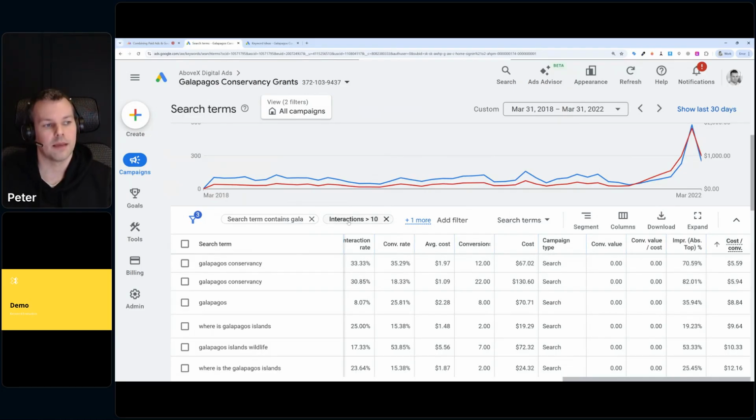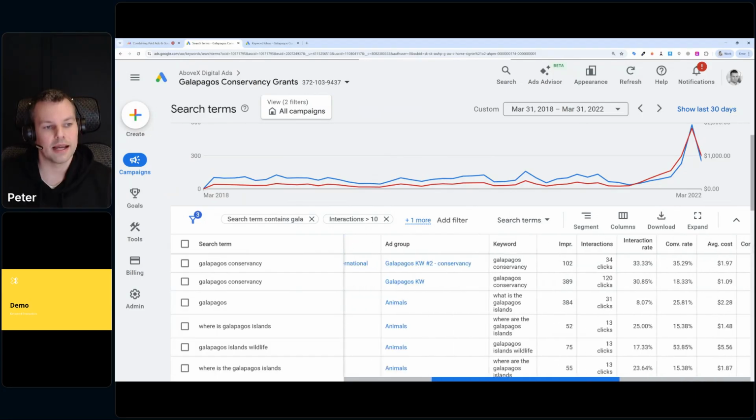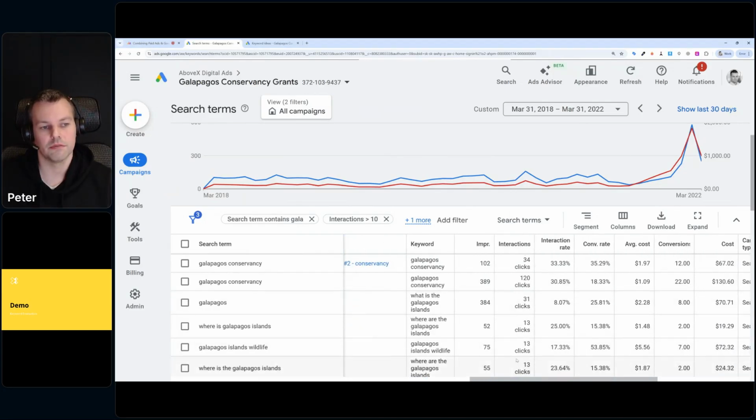Then another filter that I applied is number of interactions, which should be at least 10. In this case, these interactions are clicks, okay, because they're search campaigns. The reason why I apply this filter is because there's thousands of keywords and it's impossible to review them manually. And if a keyword has 5 clicks in 3 years, and even if we had 5 conversions, well, it's not statistically relevant, right?